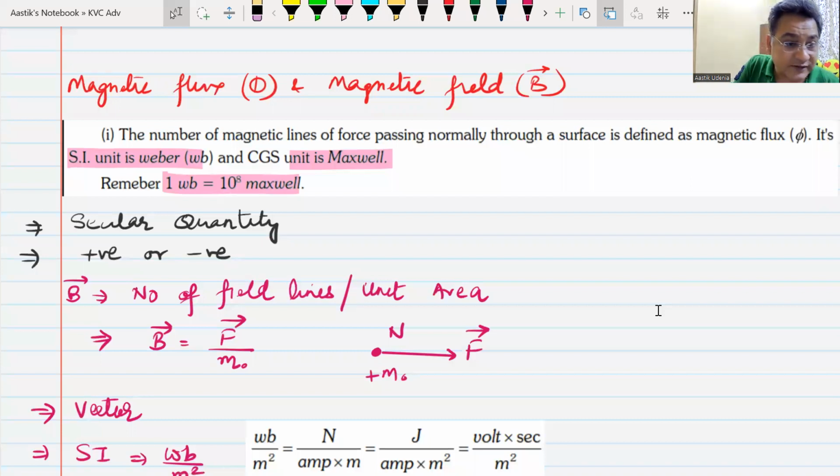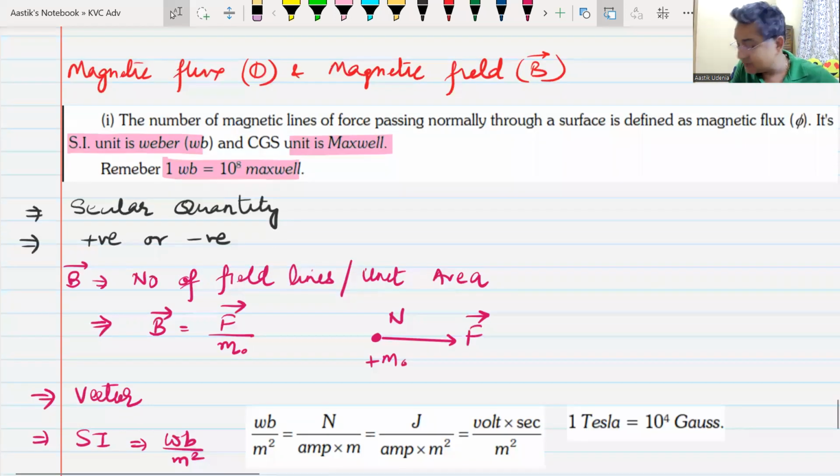You might know Tesla because it is a very famous company now. Do you remember Tesla? Yes, sir. 1 Tesla is 10 raised to the power 4 Gauss. Tesla is the SI unit and Gauss is the CGS unit. Do we understand this? Yes, sir. I'll give you 2 minutes to note this down.